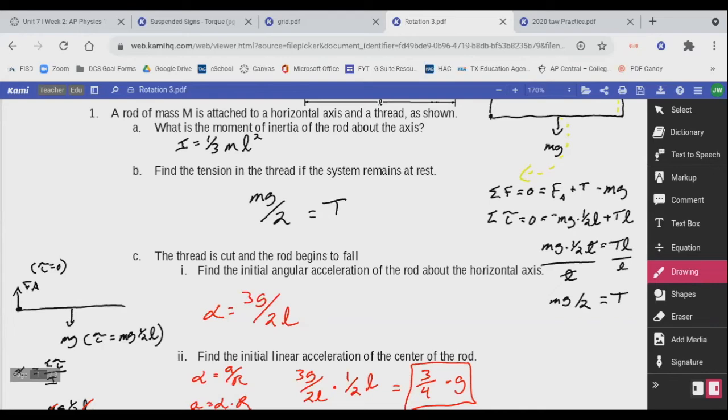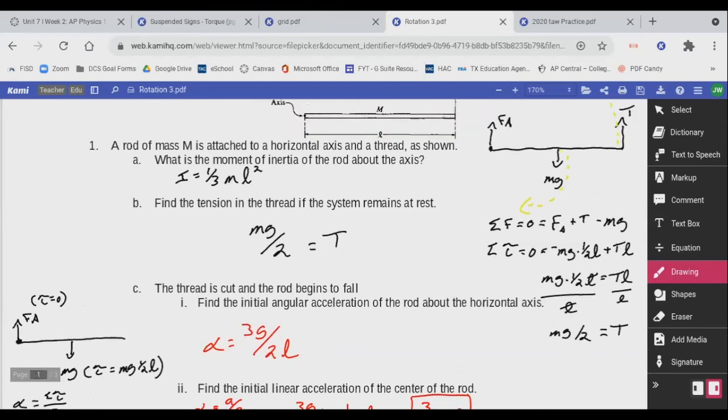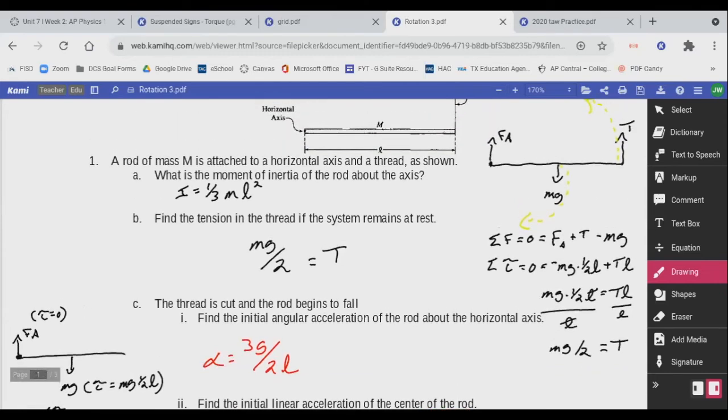It's at the pivot point. So it has no torque, but there is a force there. Otherwise, the rod wouldn't stay in place. It would fall. They gave the horizontal axis as the point of rotation in the diagram, in the problem. It's defined there. All right. Thank you.